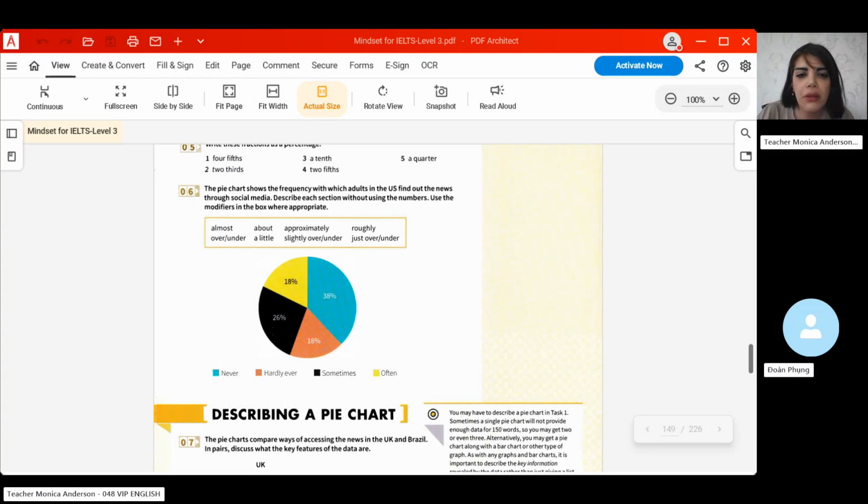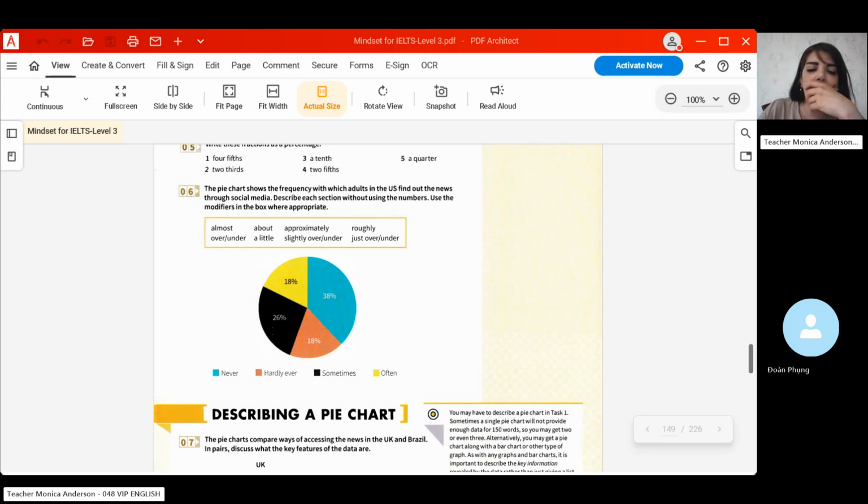But why can we write approximately? Okay, so for example, for maybe 2% when it's really close, when it's 1% or 2%, it's just over, especially for 1%, just one figure, just over, just under is better. Approximately is okay, but it's better to use the others. Let me give you another example.